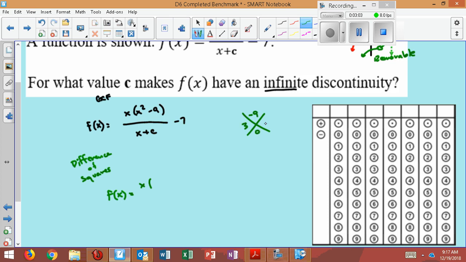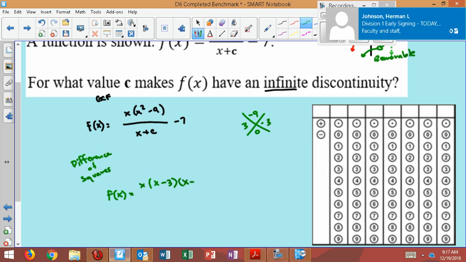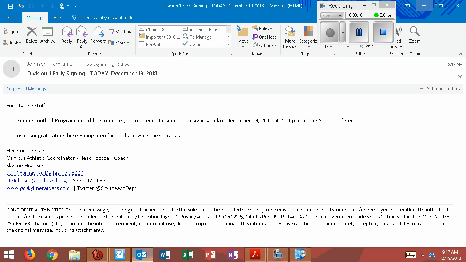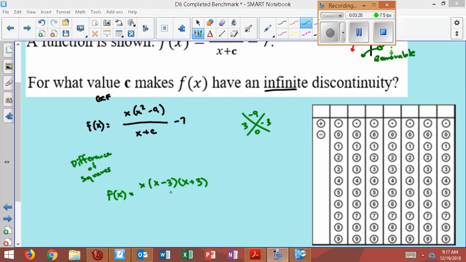It's 3 and negative 3. Difference of squares just means both terms are squares, and there's a subtraction. You just take the square root of each. So it'd be x minus 3, and then x plus 3 as your other. So now that's my numerator. In the denominator, I still haven't changed it. I have x plus c.